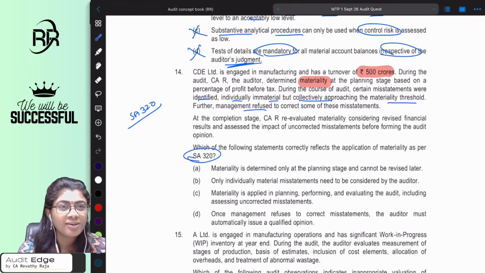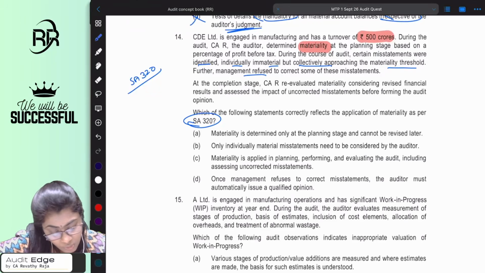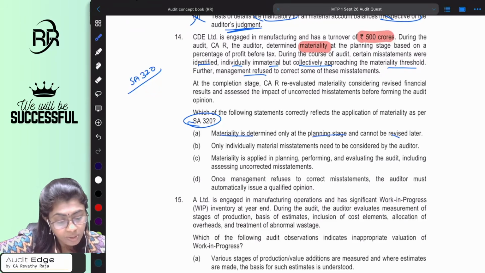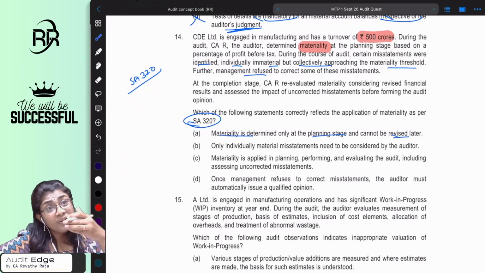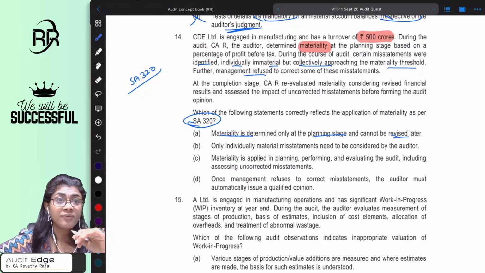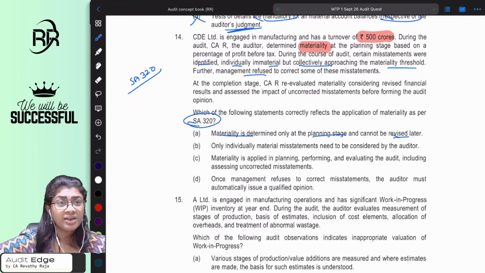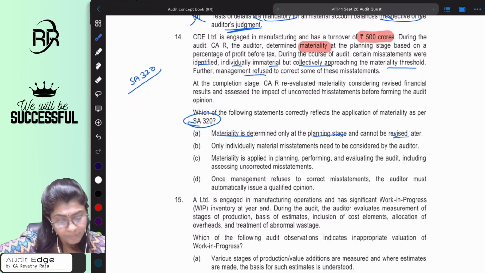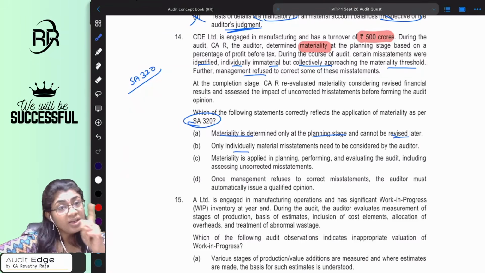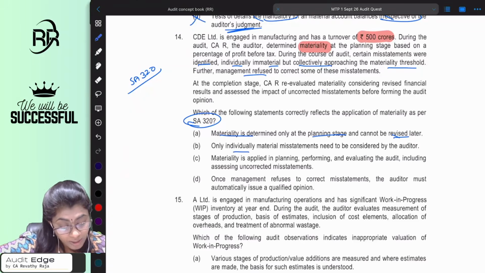How cute, they said 320 in SA itself. Materiality is only in the planning stage, cannot be revised. In the event of becoming aware of a fact that would have caused the auditor to fix a different materiality initially, the auditor shall revise. Ma'am, what are you saying? Revision of materiality. Materiality can be revised. Only individual materiality needs to be considered. No, individual and aggregate. Performance materiality has to be considered.